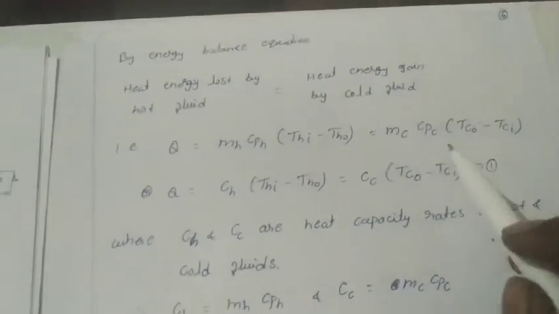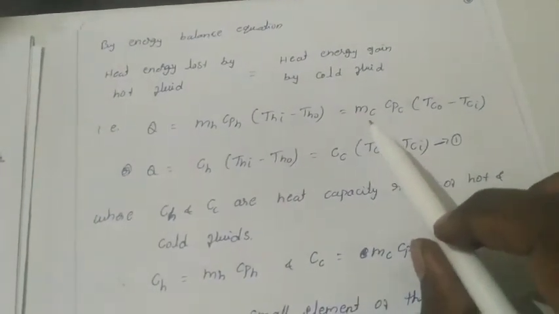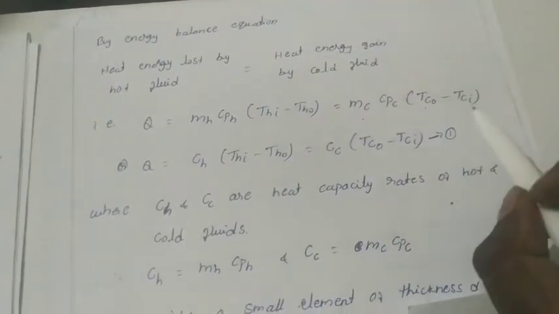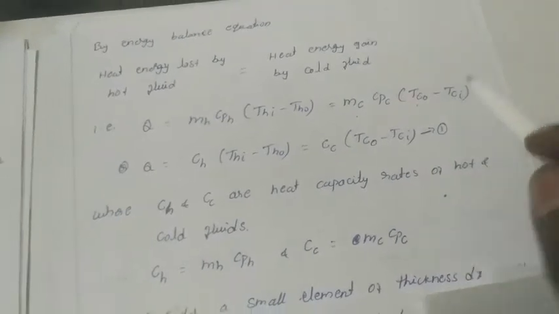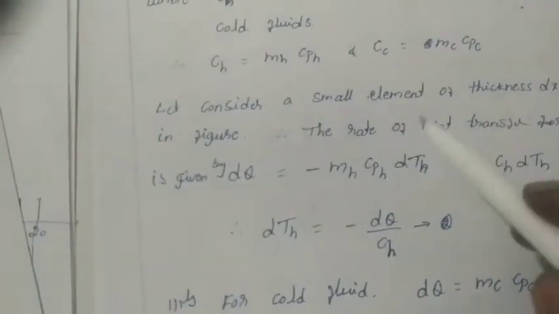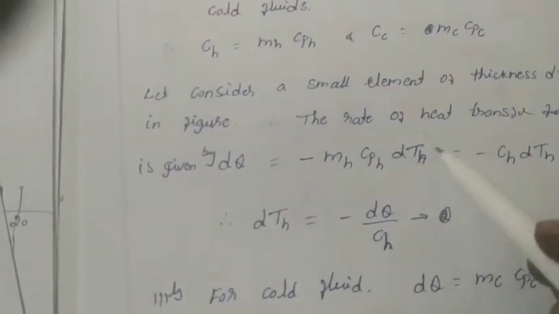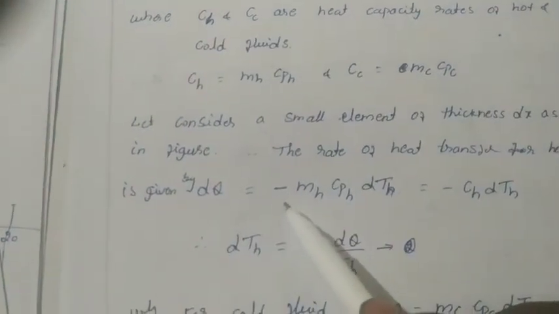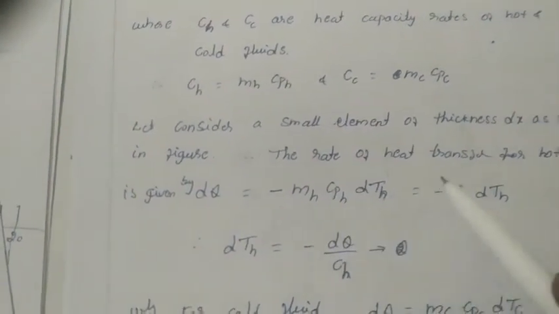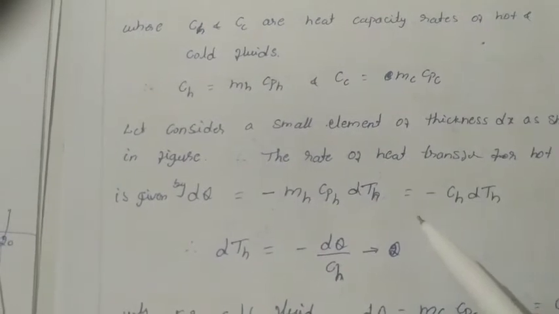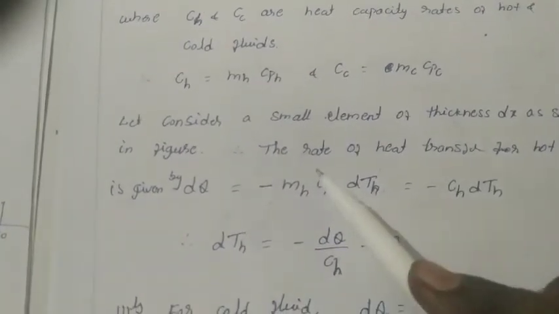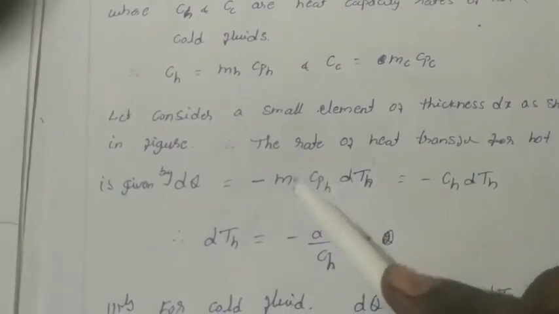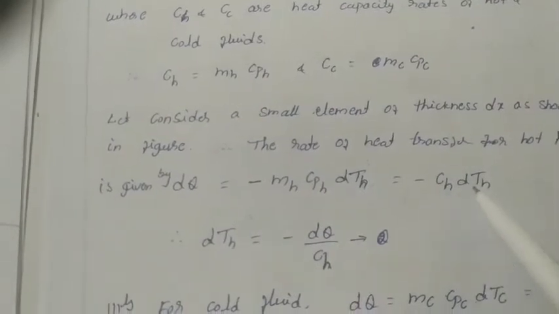But when you're writing for the cold fluid, it is outlet minus inlet. So here we take delta T as the change in temperature, which has a negative value, making this product negative. That's why I write the negative sign. So mH into Cph into dTh is Ch, the heat capacity rate, into dTh.